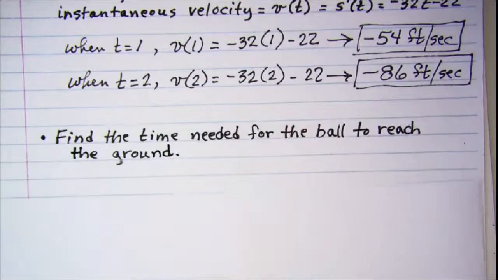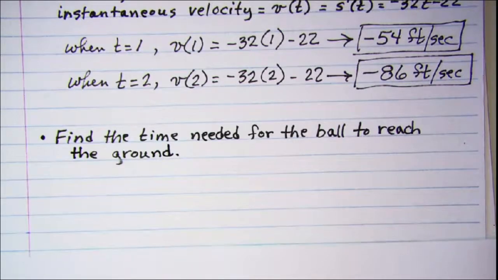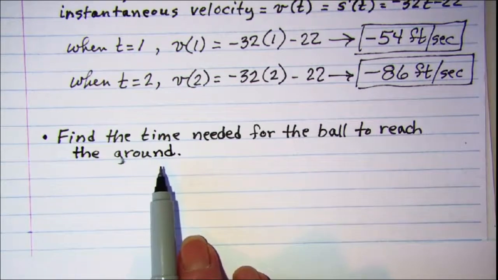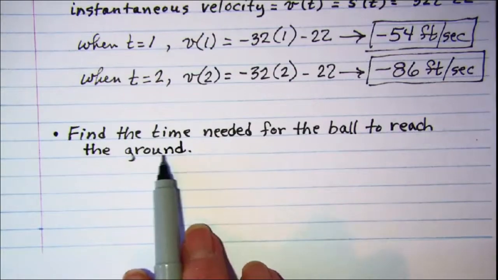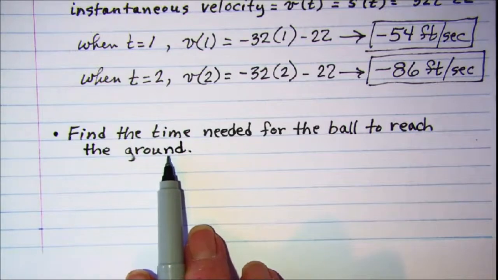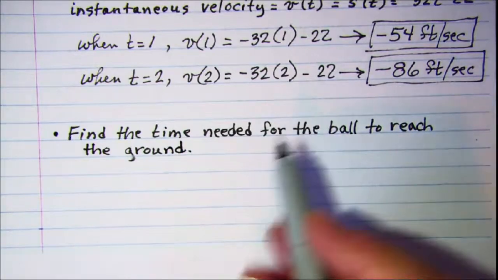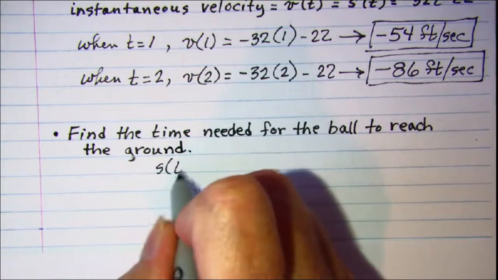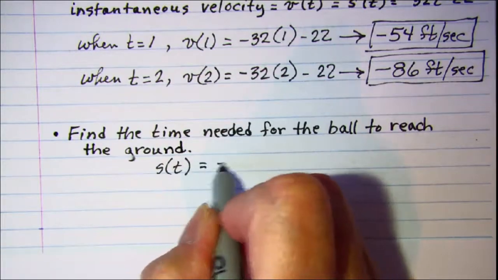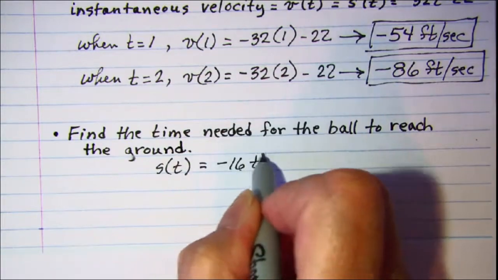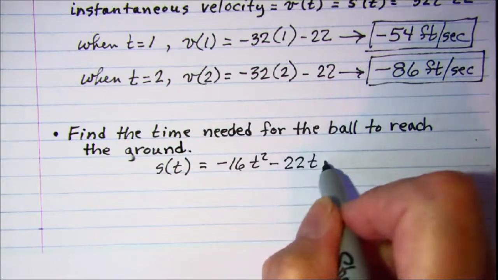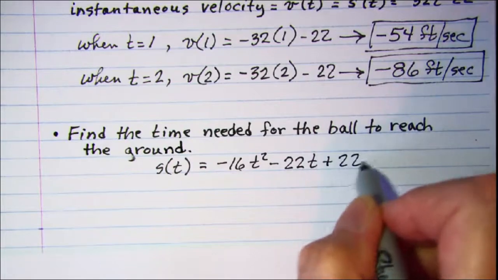Our next thing that we want to find is the time needed for the ball to reach the ground. Now, in order for the ball to reach the ground, that means our position is 0. So remember, our position function is s of t equals negative 16t squared minus 22t plus 220.